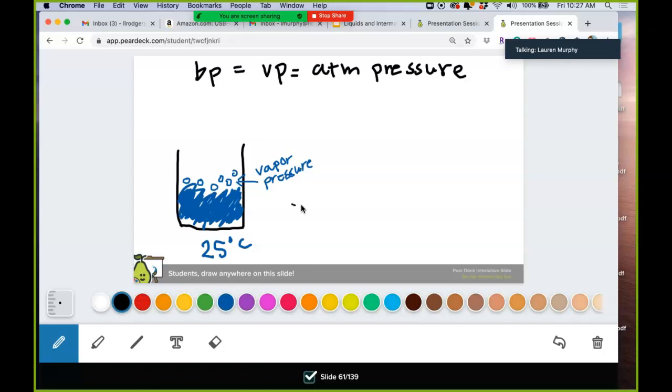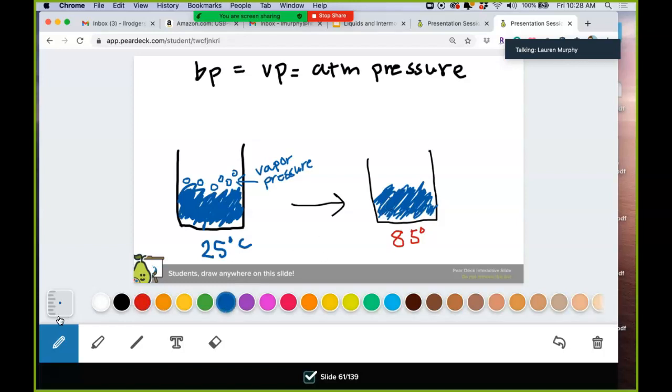Now let's say we heat up the water, and we've heated it to like 85 degrees Celsius. Well, if you heat it to 85 degrees Celsius, on average, the water molecules should be moving faster, right?